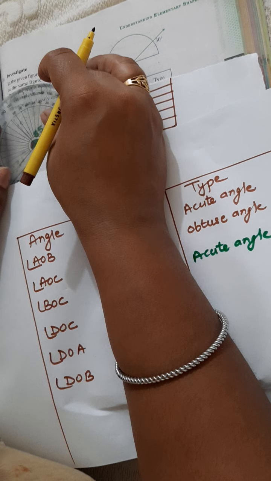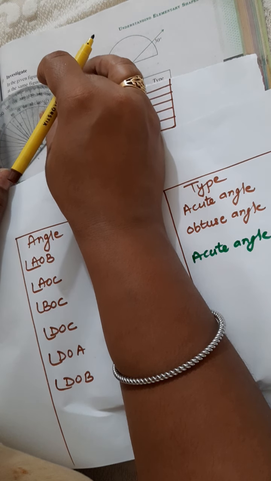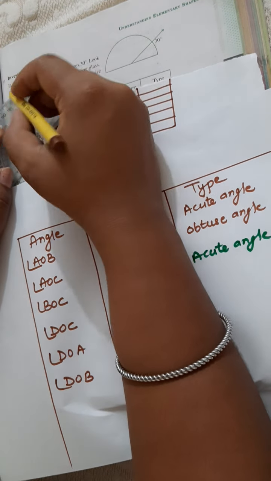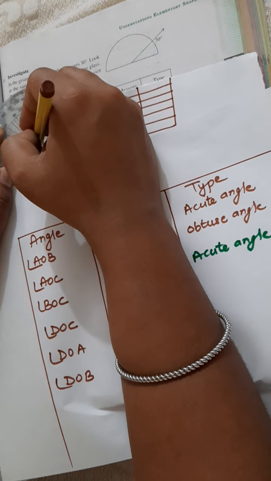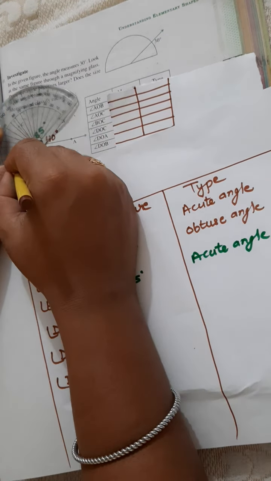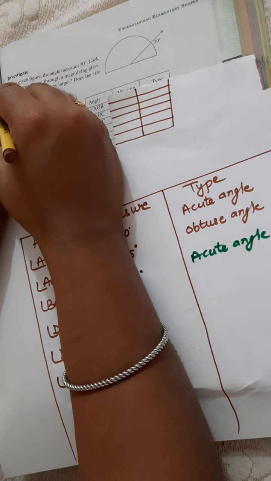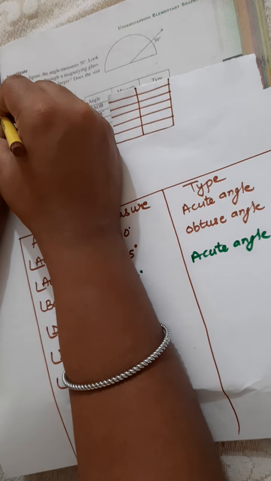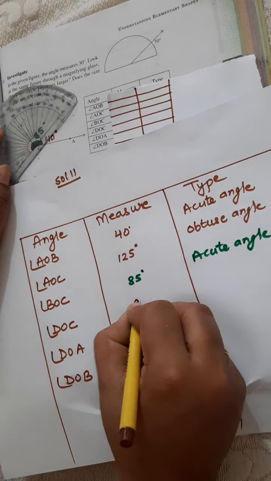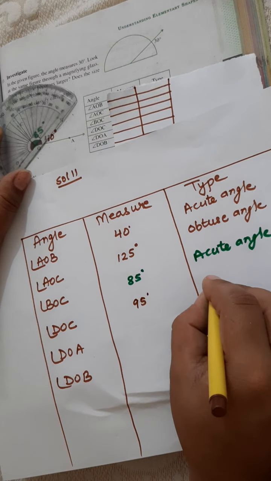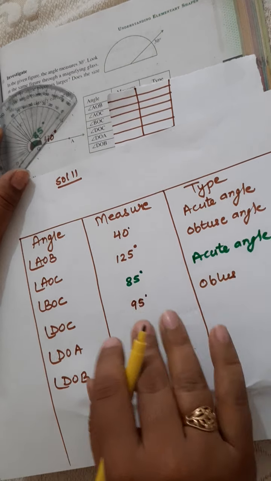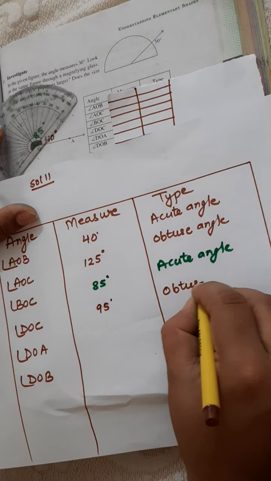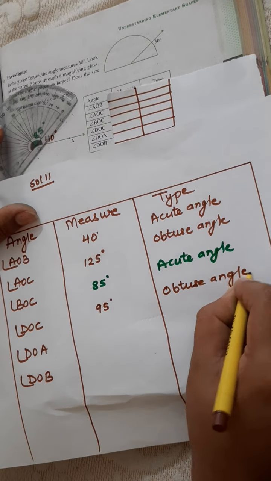I just placed it straight, then I will get that it is greater than 90. Look, here I am placing at the right of this DO, so I have to check the outer scale. So here I get 95 degree, and 95 degree is greater than 90 degrees. So 95 degree is your obtuse angle.